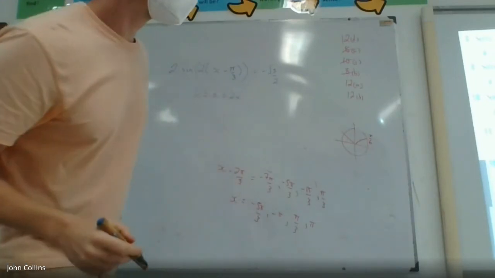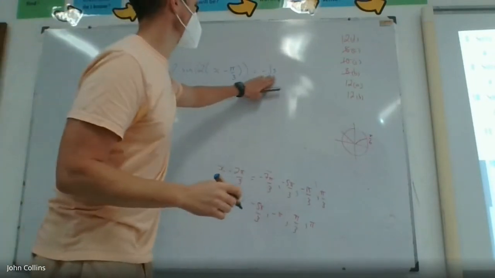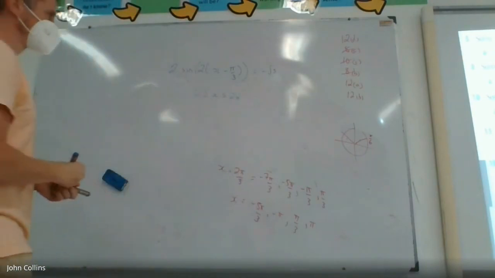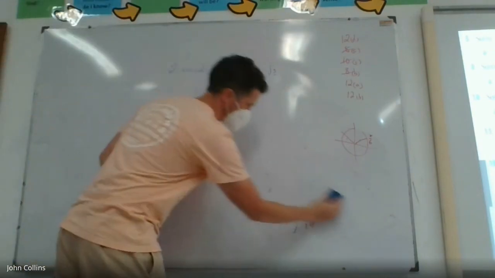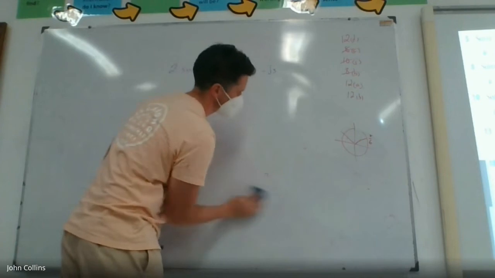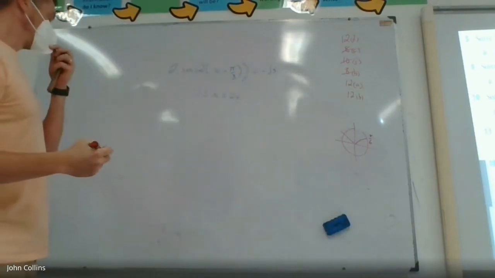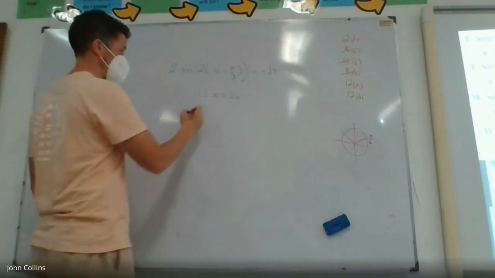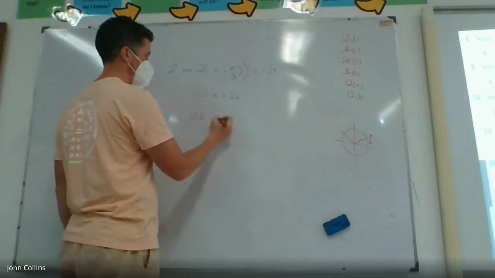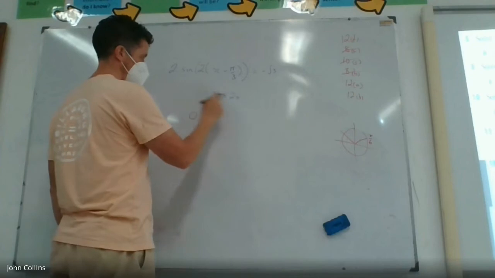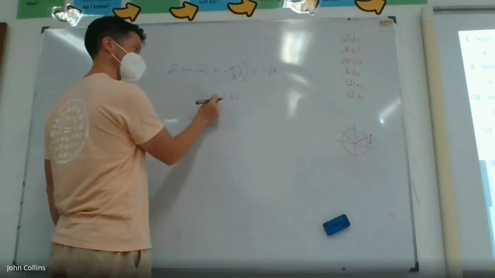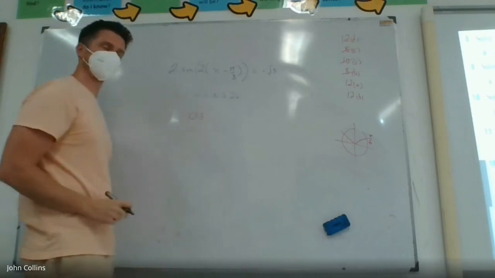All right, so a lot of things to go through. I'd like to get the domain out of the way first. So the domain is no longer between 0 and 2 pi, because the angle is no longer x. What is the angle?